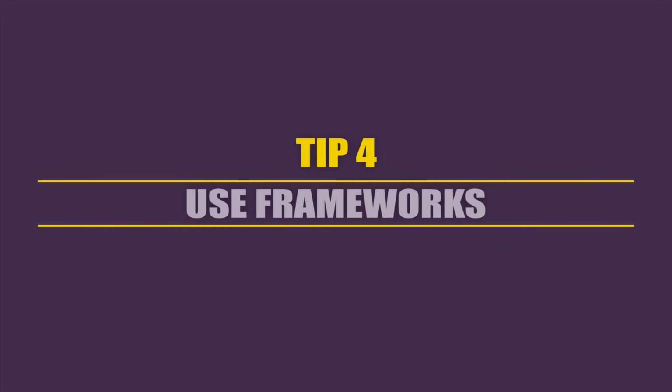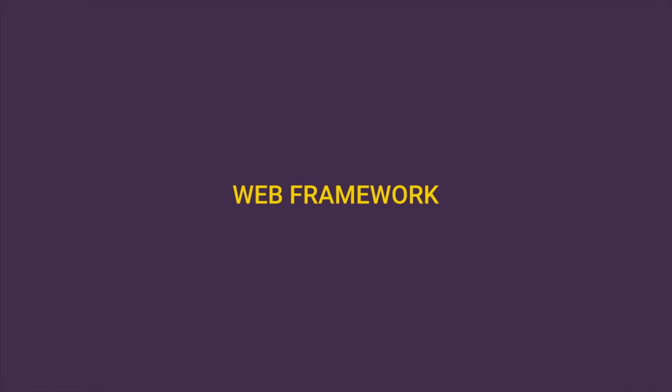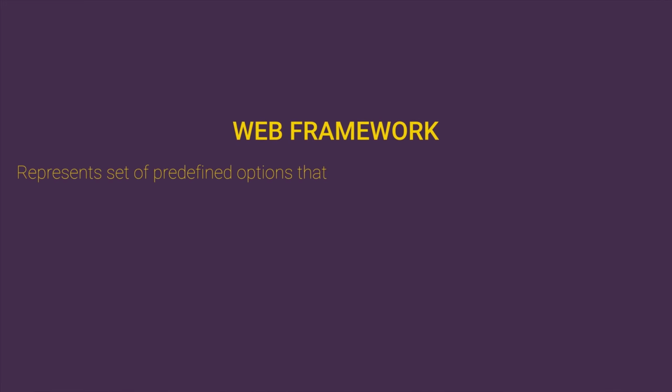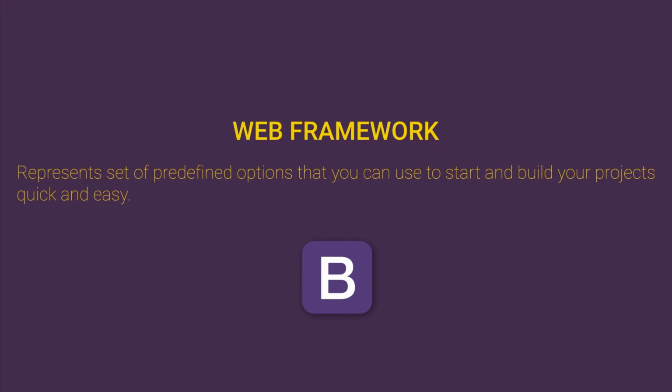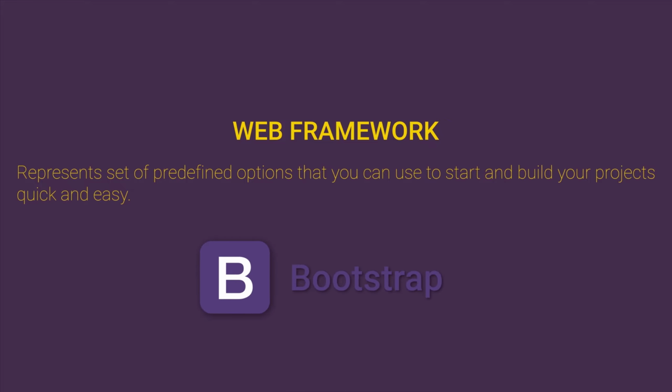Tip number 4 will be use frameworks. Frameworks are a set of predefined options that you can use to build your projects even quicker or easier. I always recommend the free and probably the most popular Bootstrap framework that you can use to build your websites very quickly and easily.